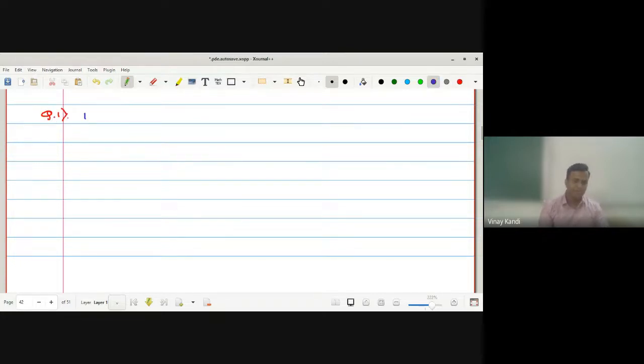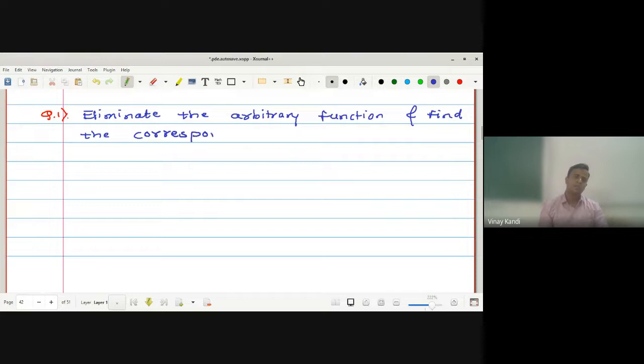Eliminate the arbitrary function and find the corresponding partial differential equation.